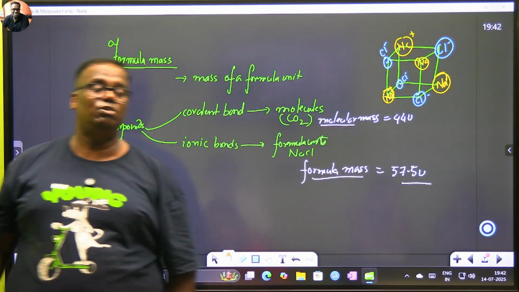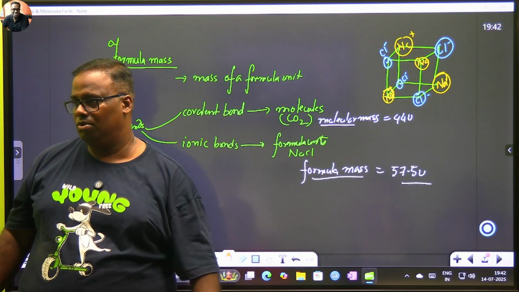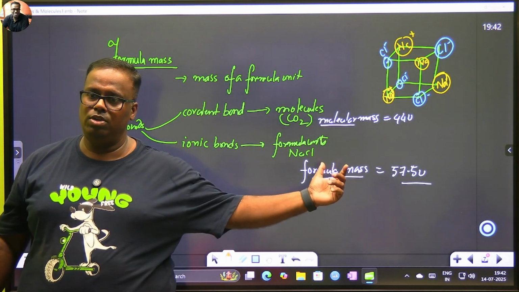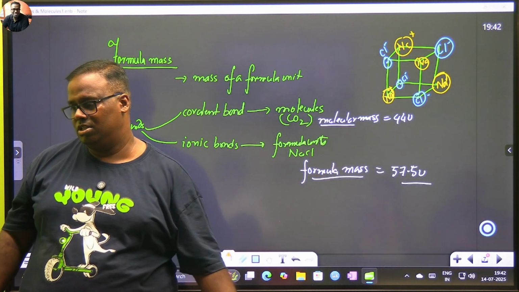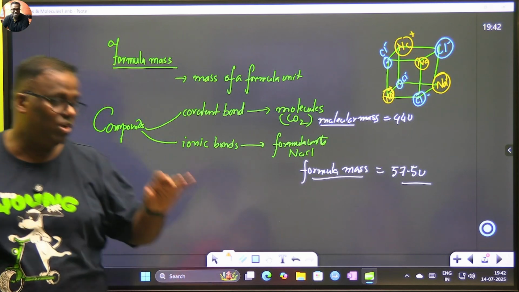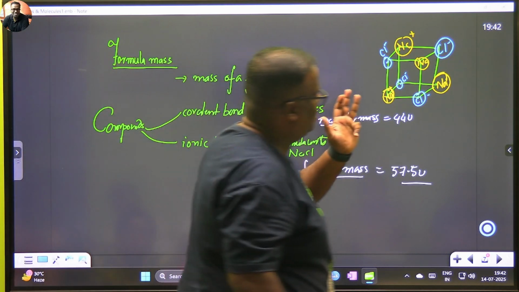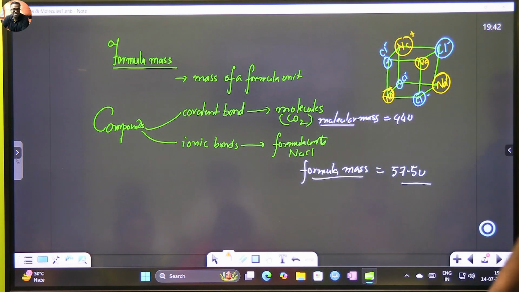So if someone tells you define formula mass, it is the mass of a formula unit. What is a formula unit? A formula unit represents the compound formed by ionic bonds, that is formed by ions. That's the only difference. So I think we have understood what is molecular mass, we have understood what is formula mass, we have understood ions very clearly.